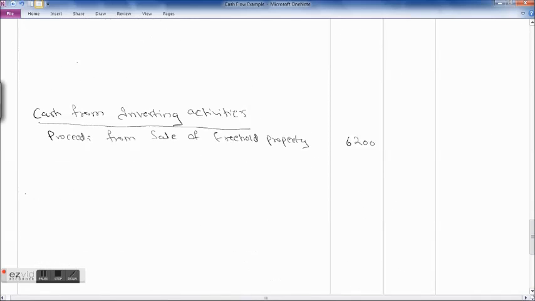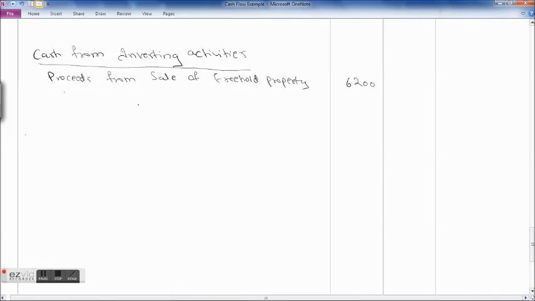So in cash flow from investing activity, we'll put purchase of plant and machinery. Since there is a cash outflow, I'll put it in brackets, 78,000.